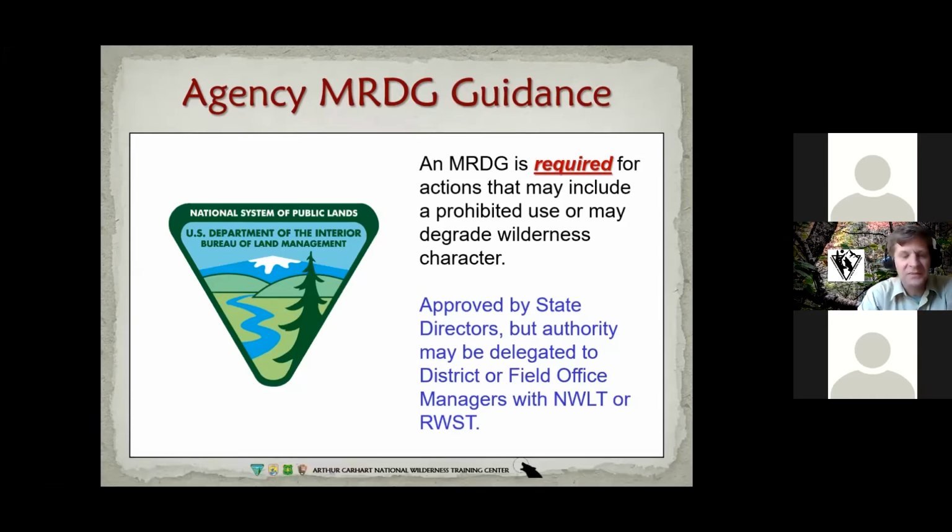So agency guidance on the MRDG, the Minimum Requirement Decision Guide. We'll go over this pretty quickly. The BLM does require the use of the MRDG. And then you can see, as far as approval authority, that's what's down below. Approved by the state directors, but authority can be delegated down.